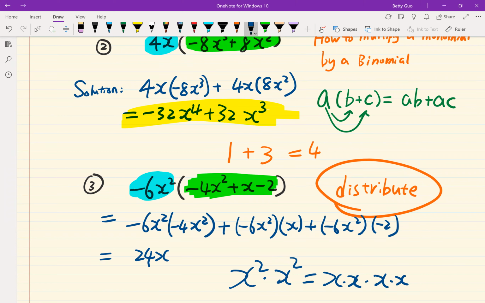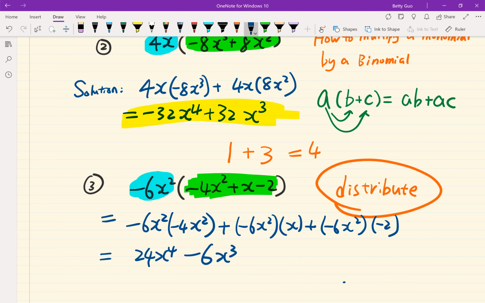So in total you have 4, right? 2 plus 2 is 4. And then we move to the next term. -6 times 1 is -6. X squared times x cubed. And the last part, -6 times -2: negative times negative is positive 12. And then x squared. Bring it down.